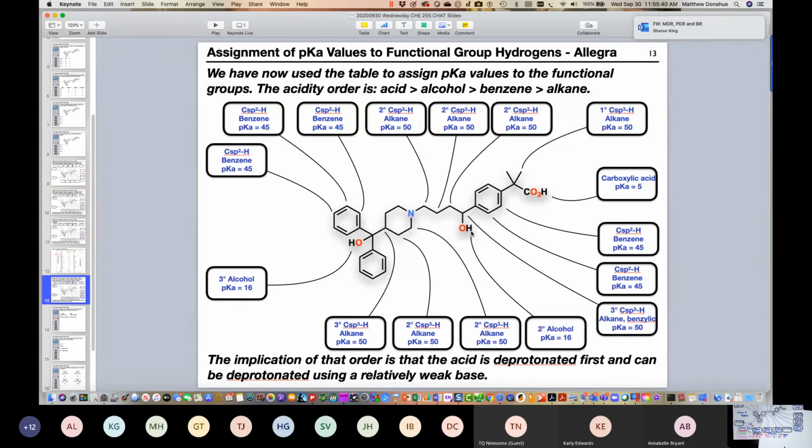So a second equivalent of base would deprotonate one of these alcohols. And as we'll learn in Module 4, when we start talking about mechanisms and reactions, we can deprotonate here, then react with another species to transform the alcohol, which is polar, into an ether, which is less polar, right?